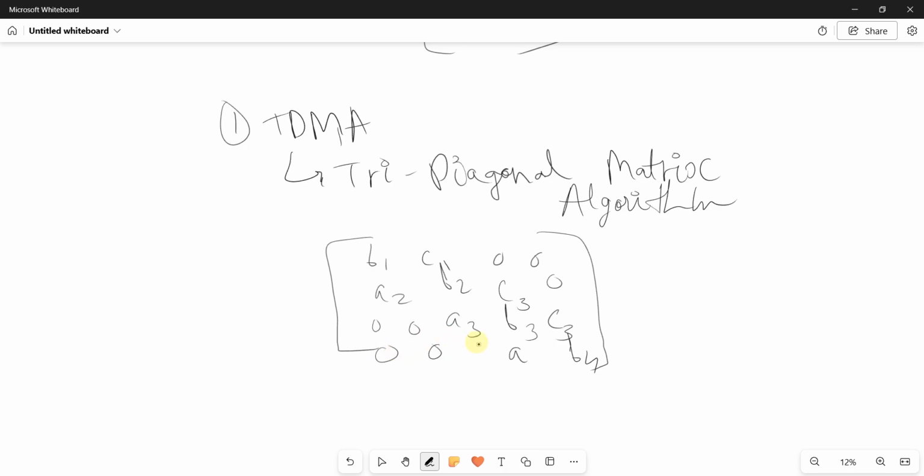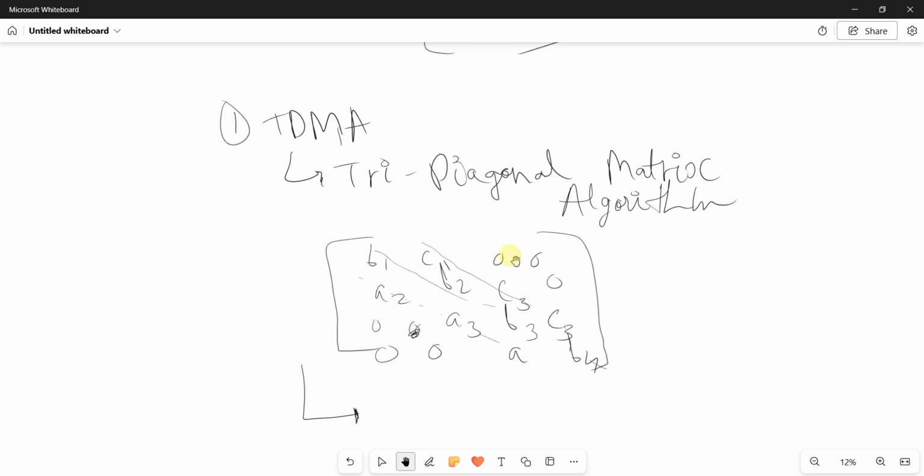So here what do you see? You see this tri-diagonal matrix. You have three diagonals, right? This is one, this is second, and this is third. It's like all A's together in a diagonal, all B's together in a diagonal, and all C's together in a diagonal. When you have such matrices, you can solve equations faster. That's why it's called the tri-diagonal matrix algorithm.